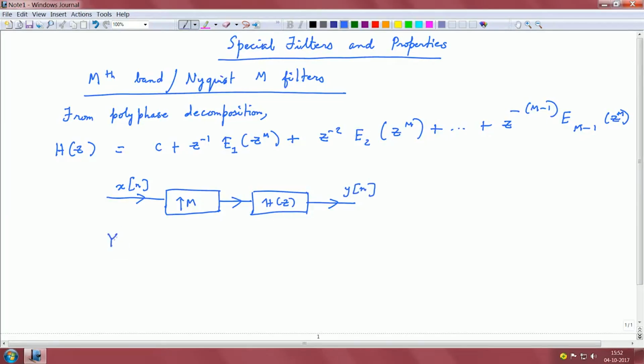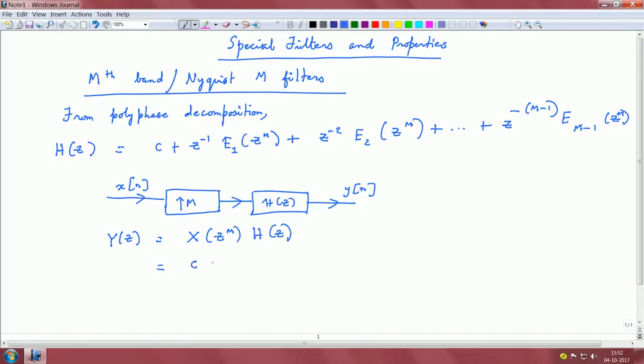So, my y of z is basically x of z power m times h of z, and I could now interpret this using this filter h of z.